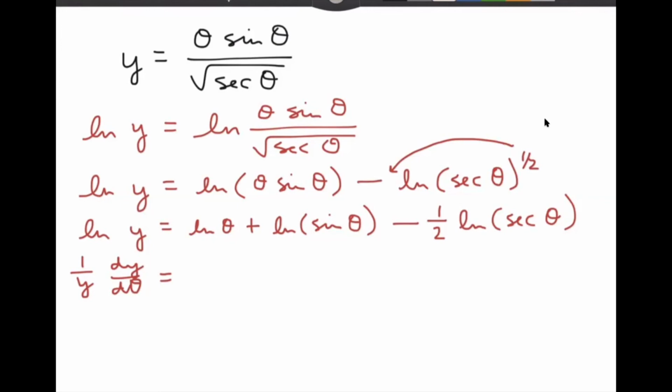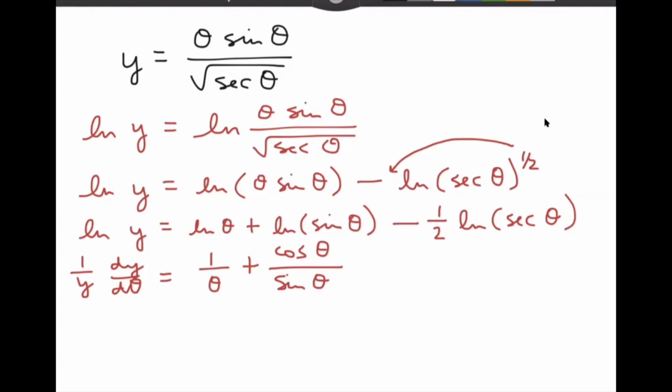Okay, so the derivative of natural log theta with respect to theta is just 1 over theta. The derivative of natural log sine theta with respect to theta is 1 over sine theta times the derivative of sine theta, which is just cosine theta. I had left that plus sign out for a second because, you know, sometimes it's going to be a minus.